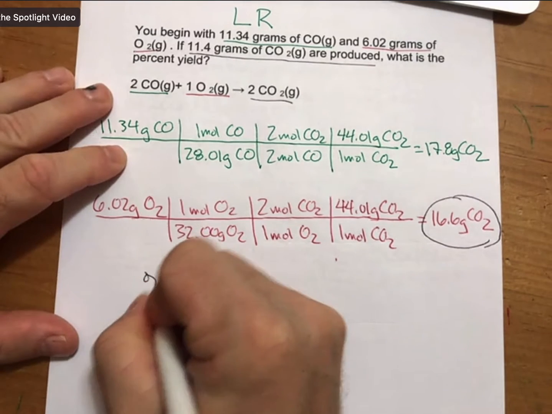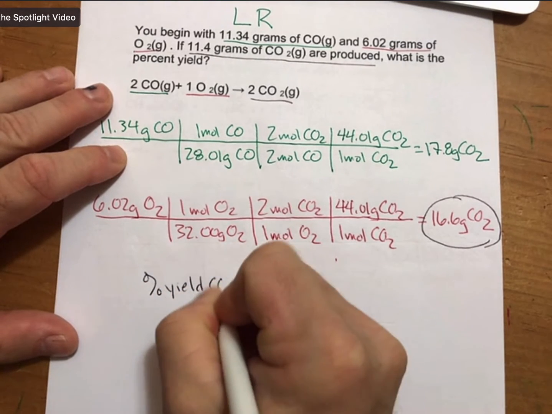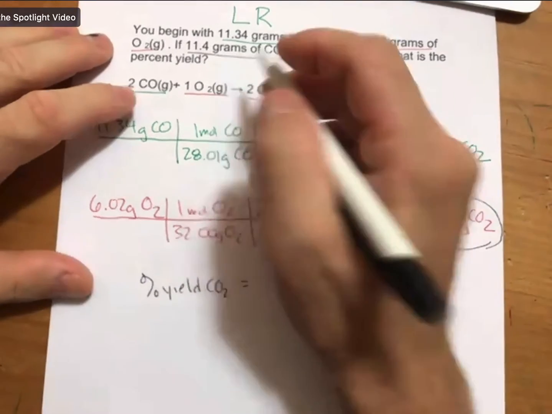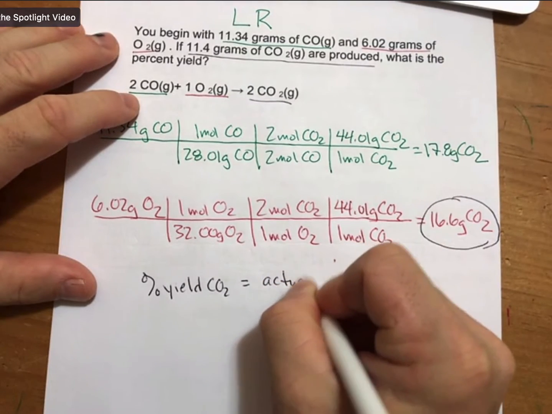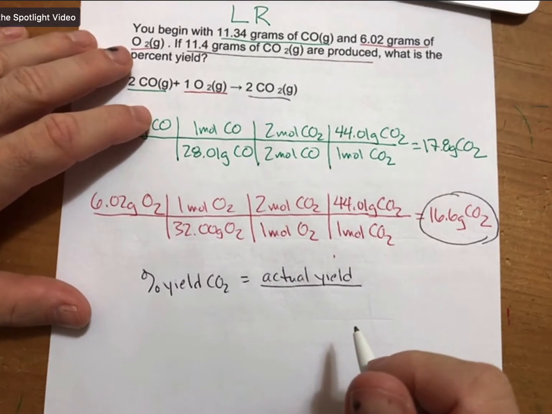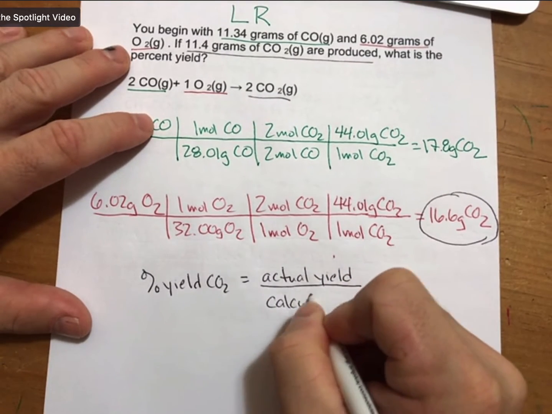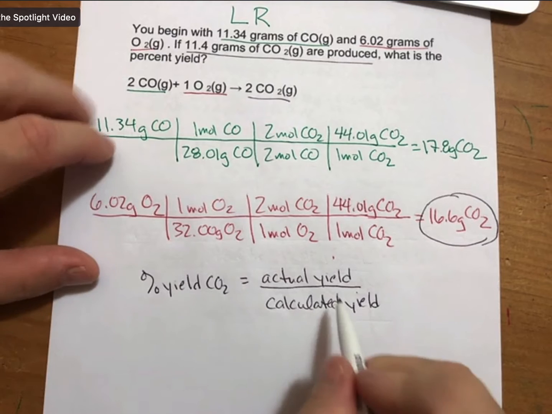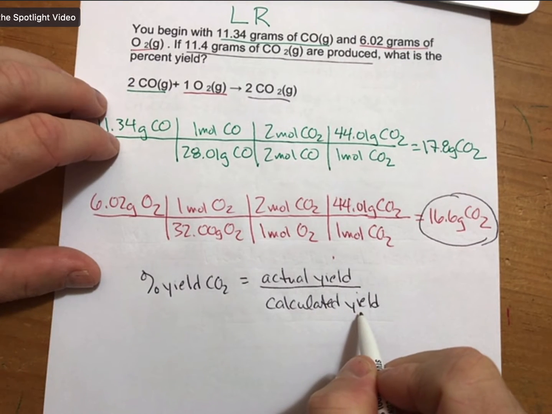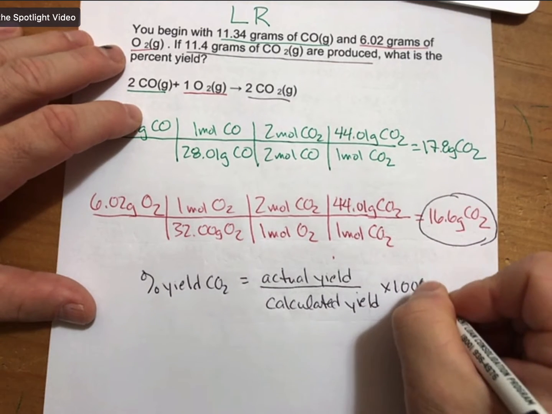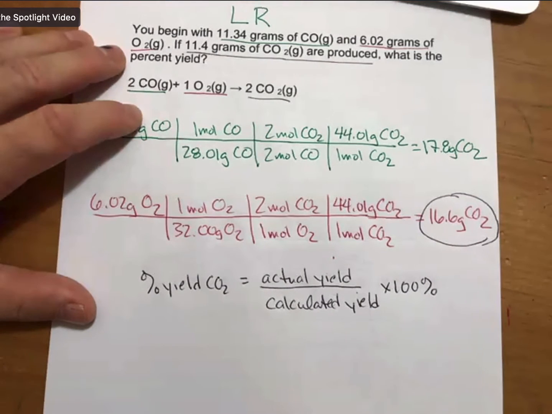The percent yield formula, and applying it for carbon dioxide, says the actual yield divided by our calculated or theoretical yield, where the word yield just means how much you calculate, or grams, calculated grams in this case, times 100%, because percents always have times 100% at the end.